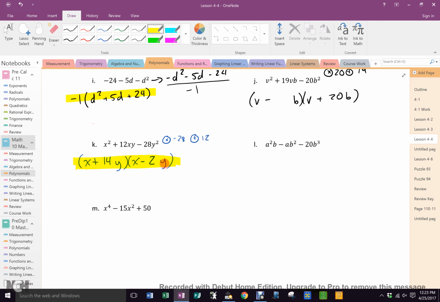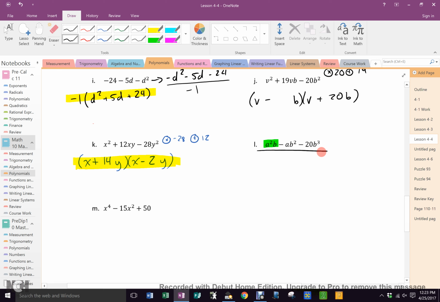What's weird about L? Have we done anything that looks like that? No, the first term's always been squared, yes? But we know how to get rid of something we don't like. What do?